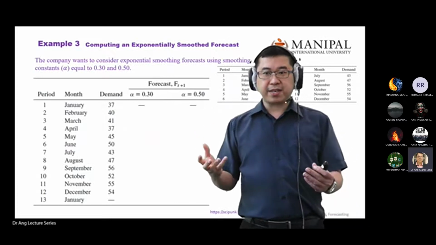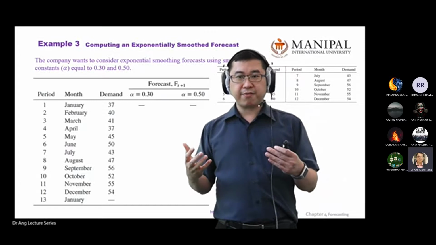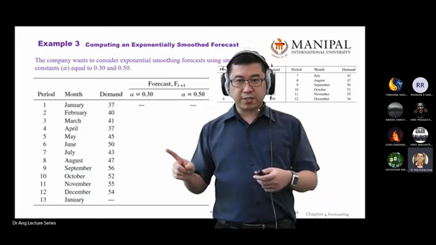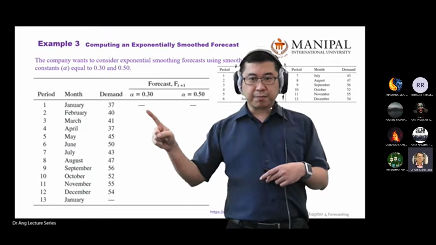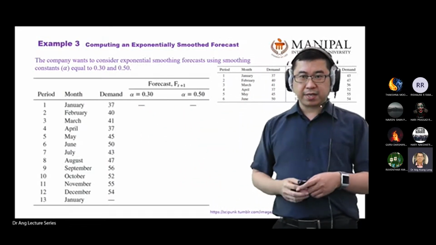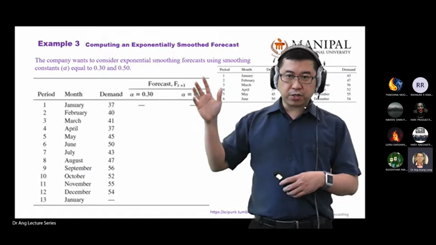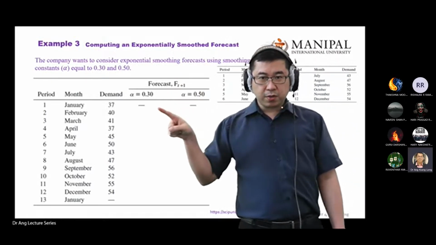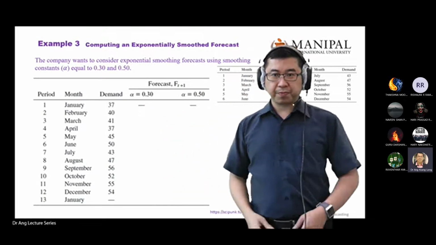It's the first month of the forecast, so you don't have data for that. That's why there's a no-data symbol here. For exponential smoothing forecast, usually the first month is no data.